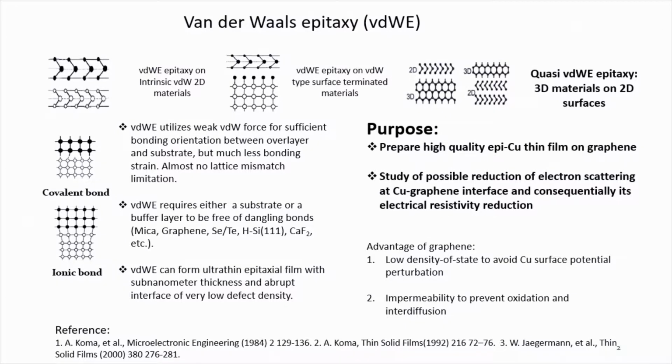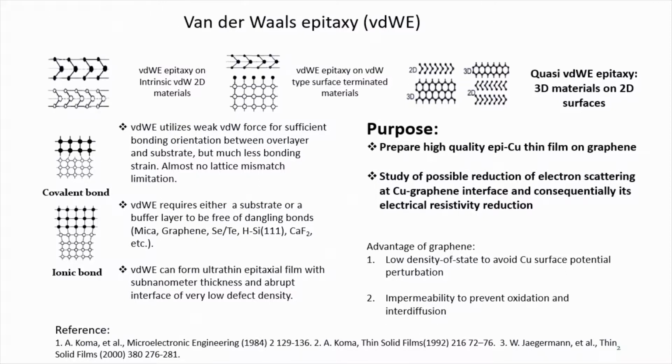The van der Waals epitaxy actually utilizes the weak van der Waals force. The force is strong enough to achieve sufficient bonding orientations between the epitaxial layer and the substrate, but because of the weak interaction it has less bonding strength.